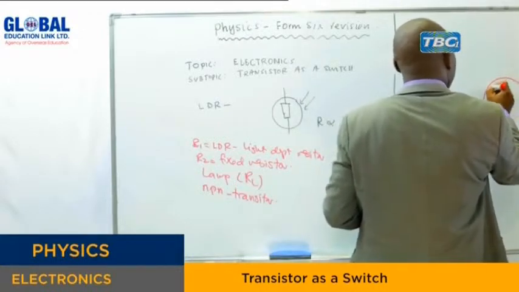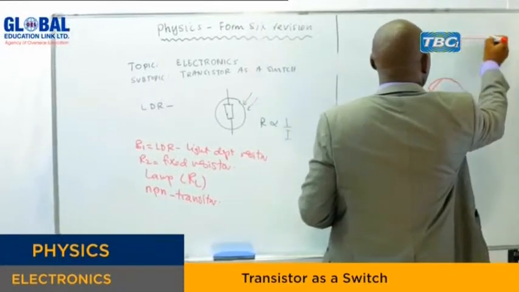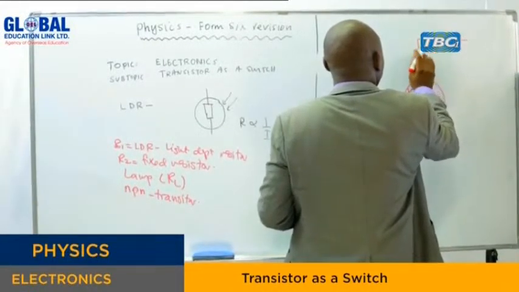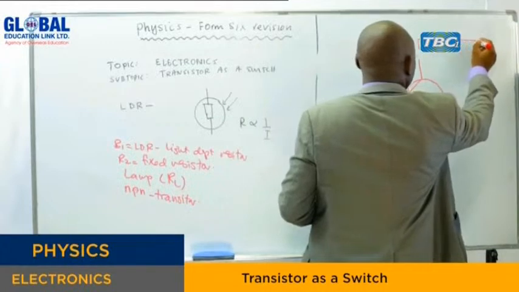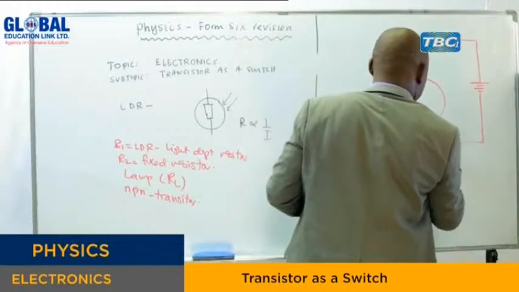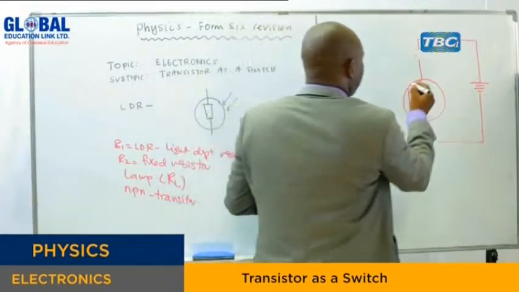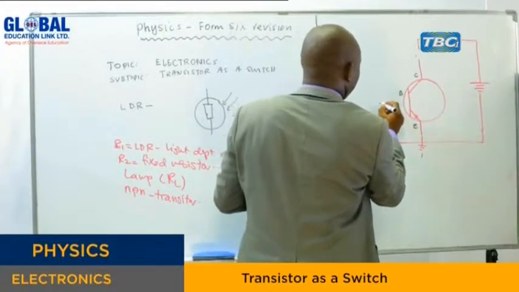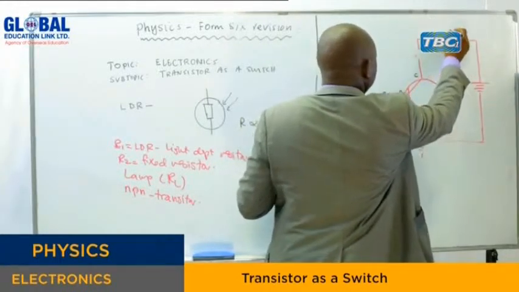This is our circuit here. This is our collector, our base and emitter, this is the base current, and this is our collector current.